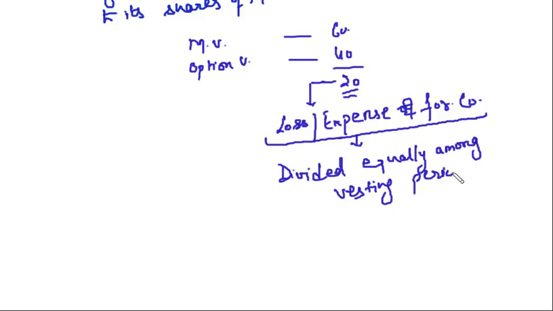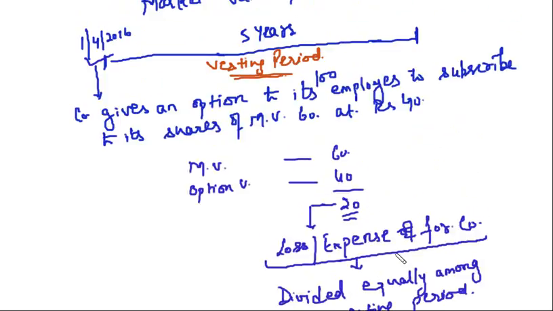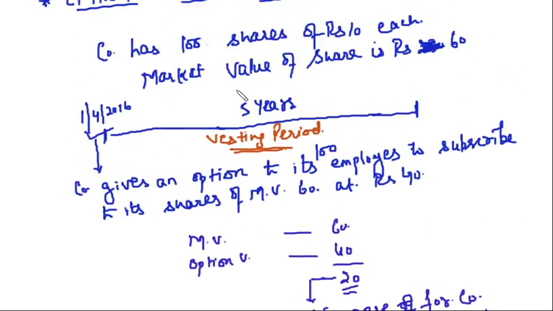right? That means whatever loss or expense, this 20 rupees which is the loss or expense of the company on 100 shares, this loss of the company is to be written off over the vesting period. Clear? Clear, friends?